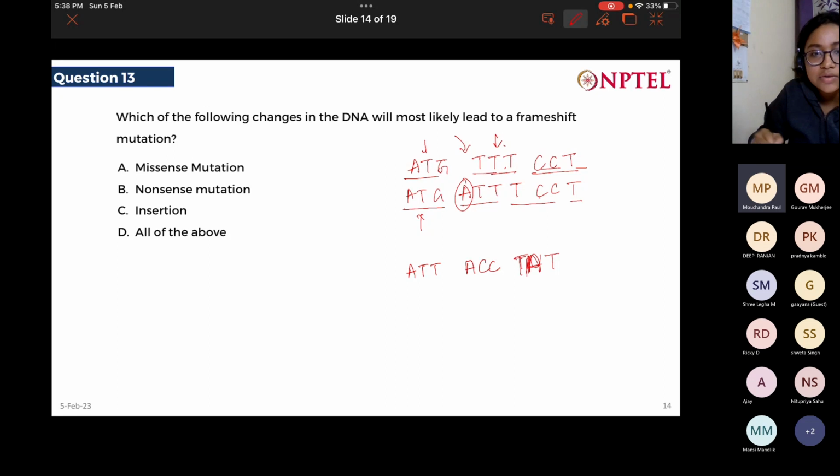Now if the base is changed here, TAG. So TAG is a stop codon. Then TTG, TAA. These are a few of the stop codons.